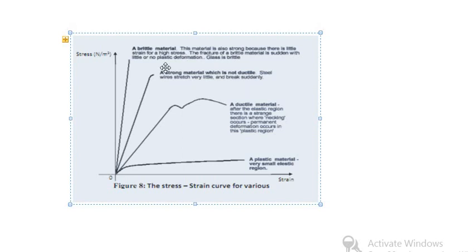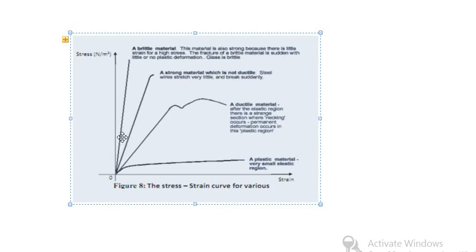After this, we can see that the brittle material always follows a path like this first. That is, it has high stress but the strength is very low. This is from the fact that brittle material does not exhibit large strength. It's a material that exhibits little or no yielding, no yield at all.